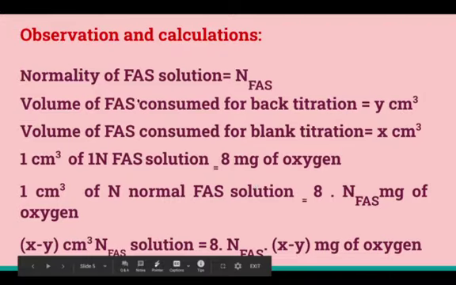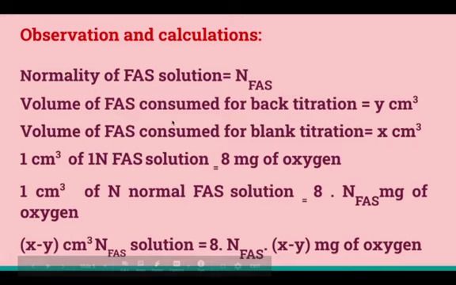Now observations and calculations. Let the normality of FAS solution be N FAS. Volume of FAS consumed for back titration, let it be Y cm³. Volume of FAS consumed for blank titration, let it be X cm³. And 1 cm³ of one normal FAS solution is equivalent to 8 milligram of oxygen. So 1 cm³ of N normal FAS solution will be 8 into normality of FAS milligram of oxygen.